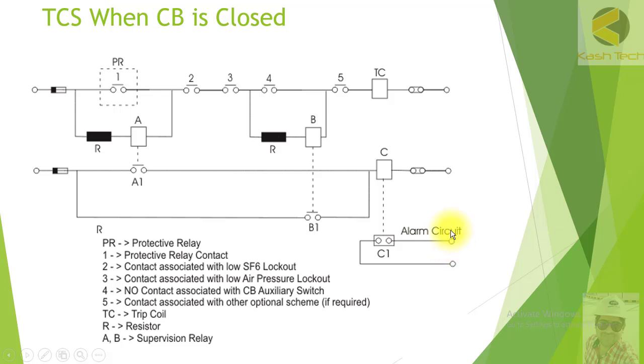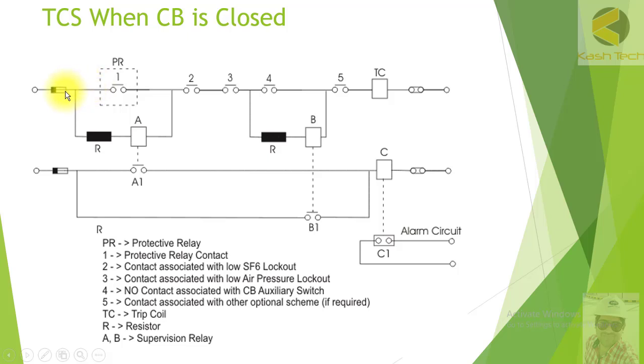So an alarm will be initiated either if the wire is broken, or the trip coil is open, or the operating mechanism fails, or in case of SF6 pressure low. In each case this alarm will be initiated.